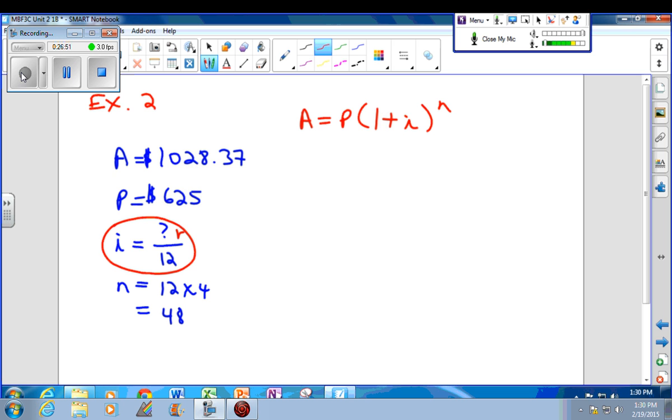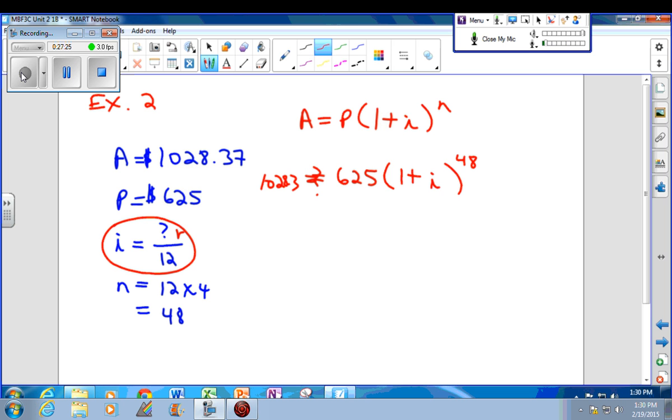Our P is going to be 625, and 1 plus I to the power 48. So what could our I be? Remember that we don't know if this is equal. That's supposed to be a question mark on top of the equal sign. It's got to be 1,028.37.